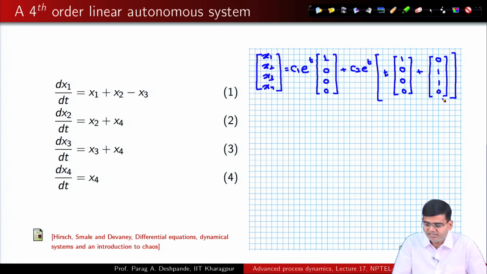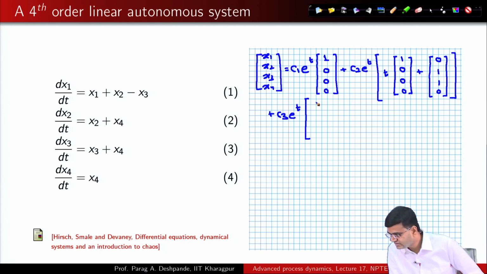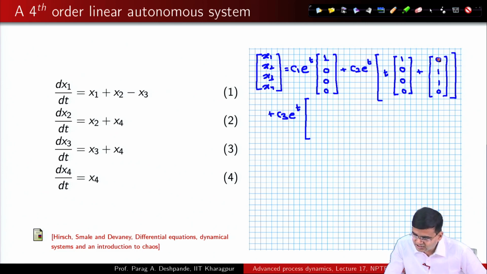Fine. Then plus C3 e to the power t times the second eigenvector. The second eigenvector was 0... no. So, I think we made a mistake in writing the generalized eigenvector. This was not the generalized eigenvector. The first generalized eigenvector was 0 1 0 0.